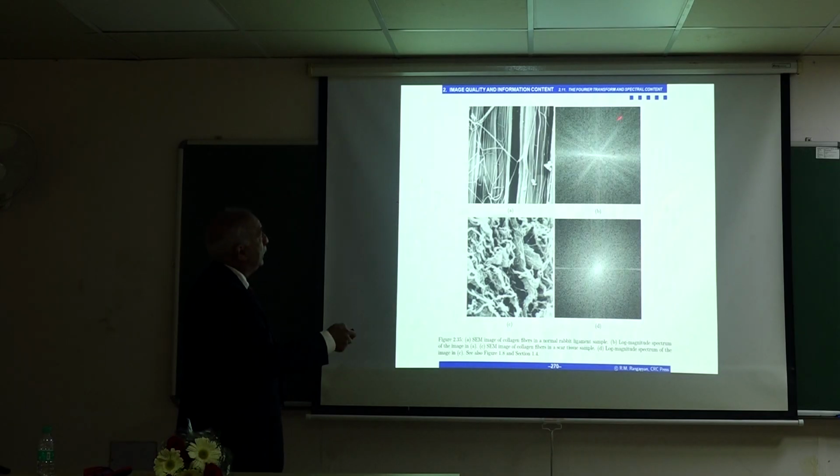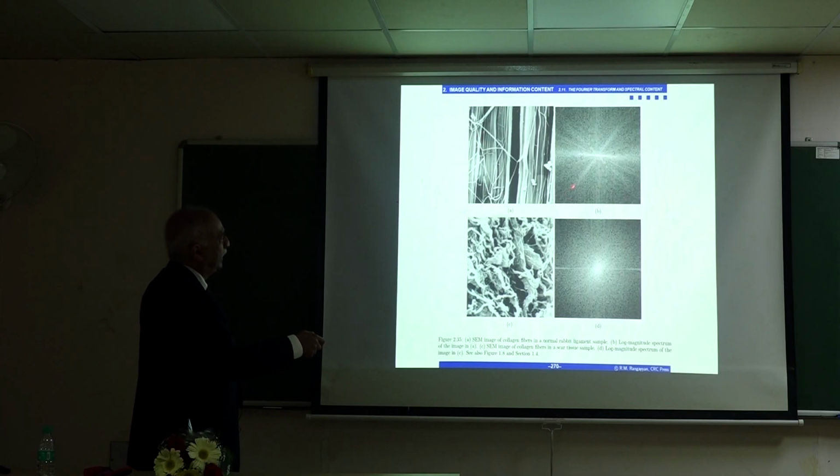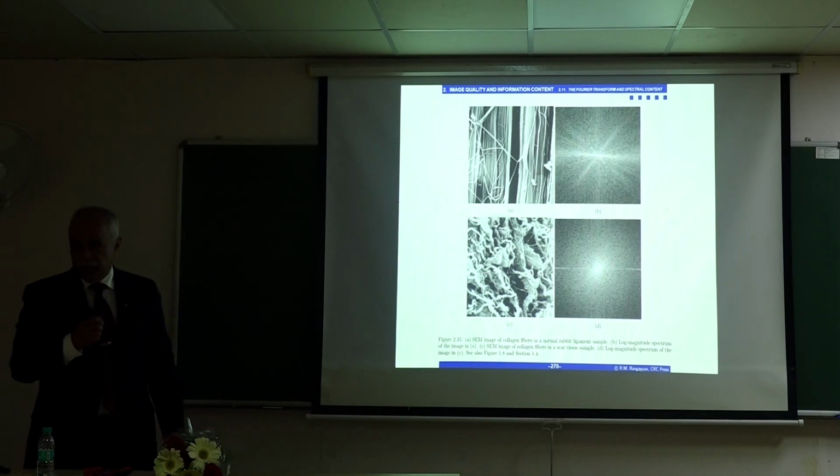So you can see this. Perpendicular to that is this direction. So all fibers in that direction, there and there, have their Fourier transform components there. If you cut a section there, it's a sinc function.